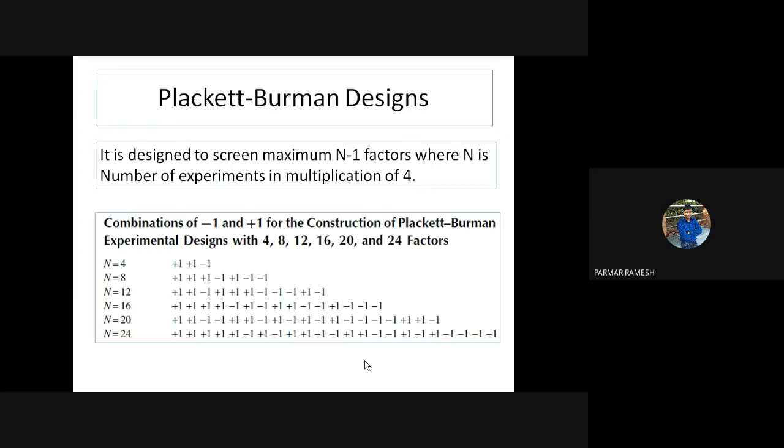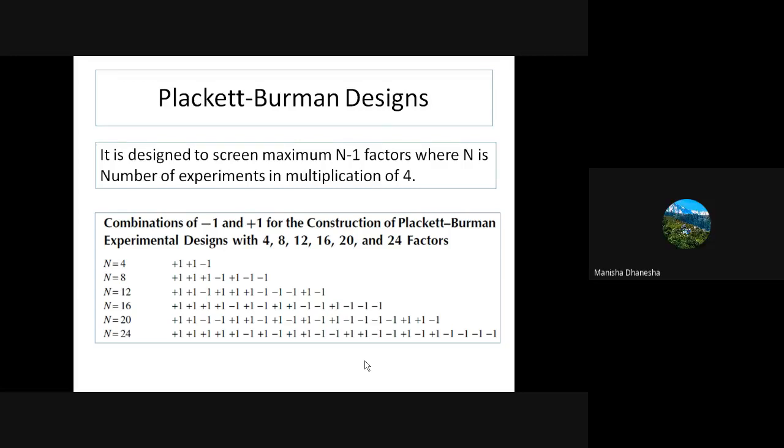So using 4 experiments, we can analyze a maximum of 3 factors. Using 8 experiments, we can analyze 4, 5, 6 or 7 factors. Using 12 experiments, we can analyze 7, 8, 9, 10 or up to a maximum of 11 factors, and so on. Getting it?